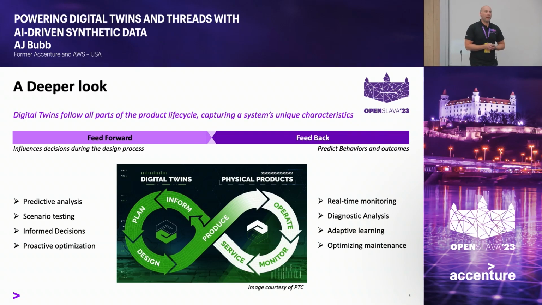Doing a little deeper dive into digital twin, you could think of it as both a feed forward and a feedback mechanism. And it provides insights into the entire life cycle of a product. So feed forward, what that means is it is designed to influence design decisions. So as you're going through the planning stage, the R&D, the development, think about manufacturing or supply chain.